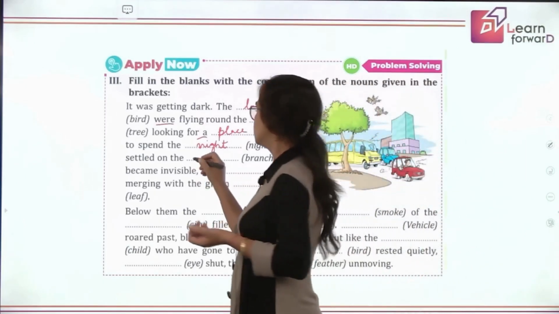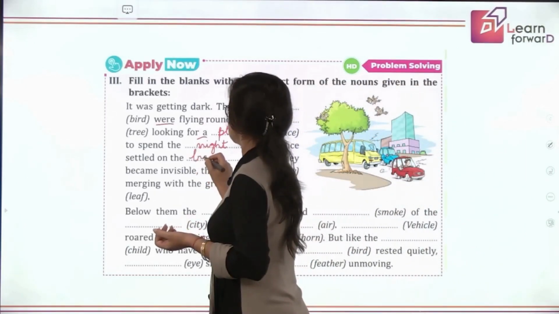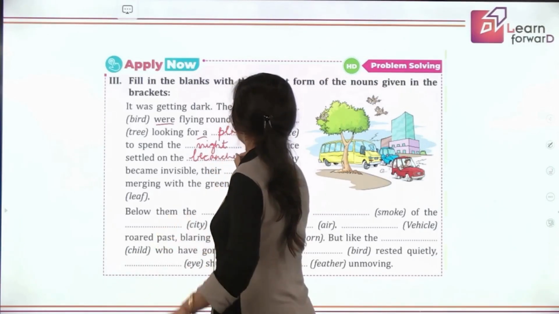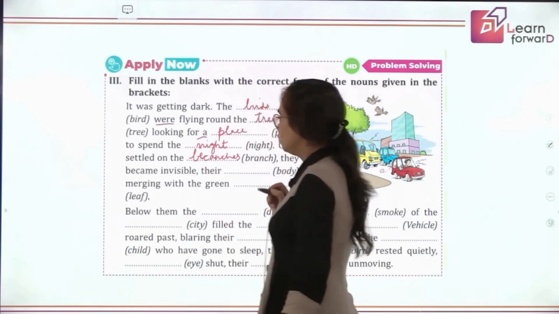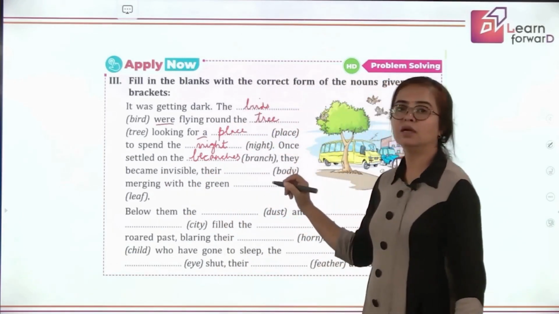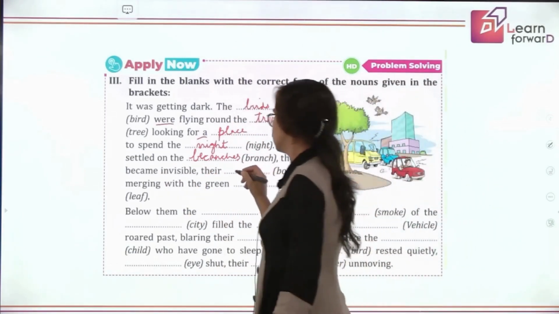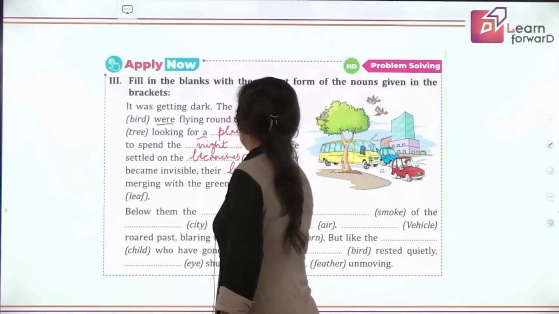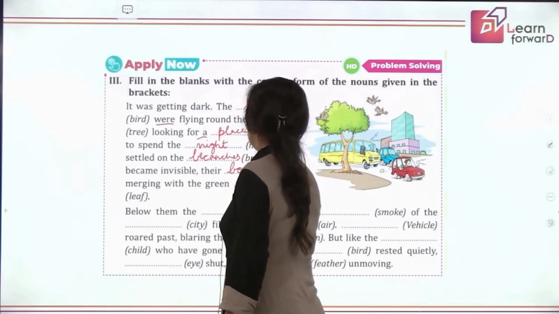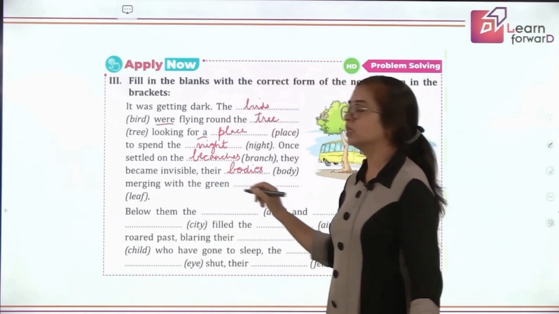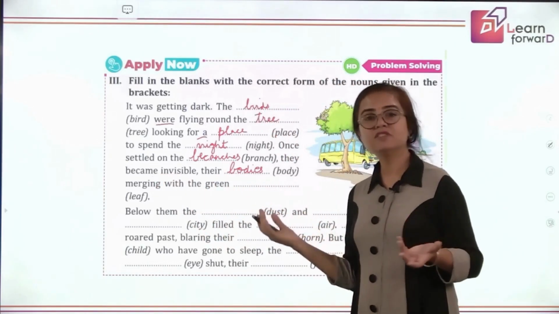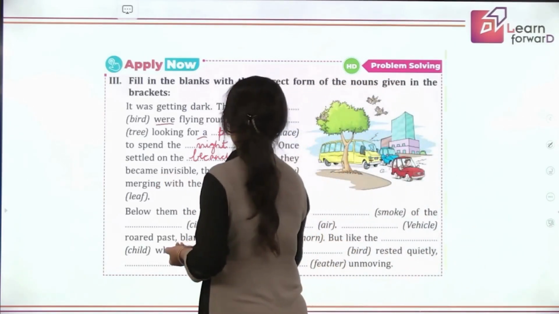So once settled on the branches, they became invisible. Their bodies, because we are talking about the bodies of many birds, their bodies merging with the green leaves, of course, of the tree. It's in plural, so many leaves.